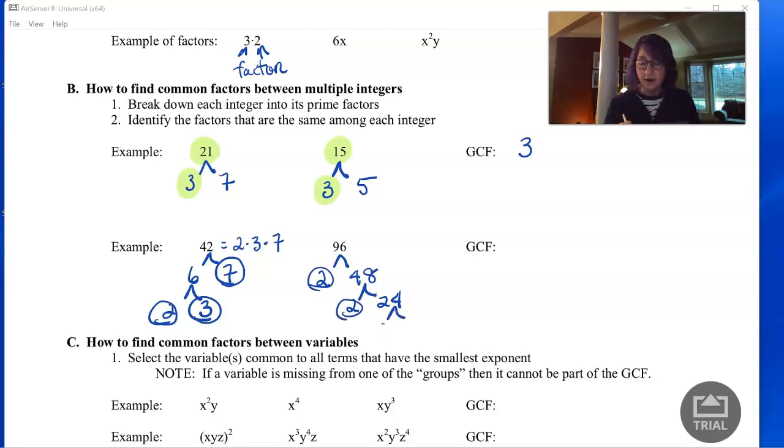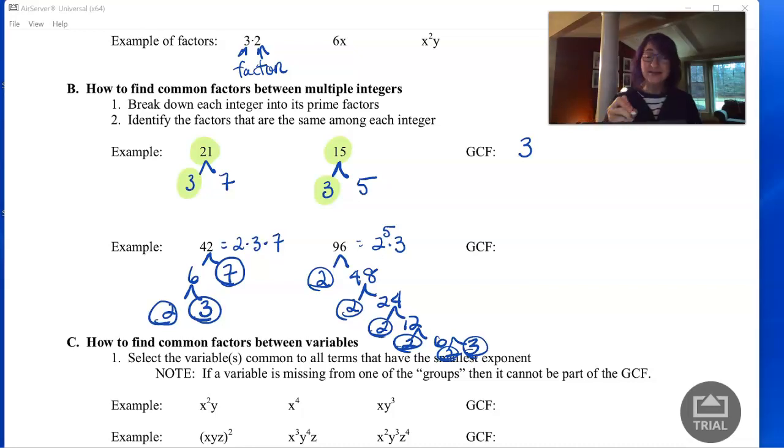Let's do 24. 2 times 12, and then 12, 2 times 6, and then 6, 2 times 3. So I have 1, 2, 3, 4, 5 2's. I'm going to write that as an exponent, 2 to the 5th times 3. That is going to give me my prime factorization.